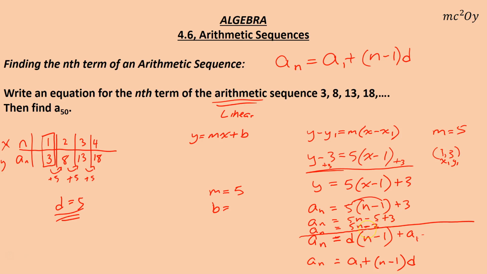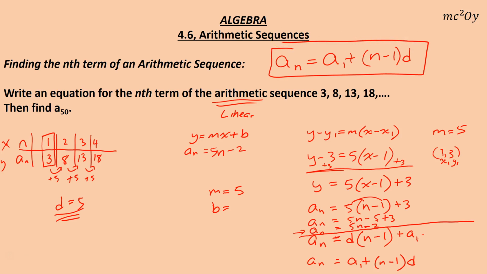Negative 5 plus 3 is minus 2. So that's in slope-intercept form. That's actually this form, y equals 5n minus 2, but we don't call it y, we call it a sub n. But if we want to write it for any equation, we could just use that formula. We don't have to go through all this mess.